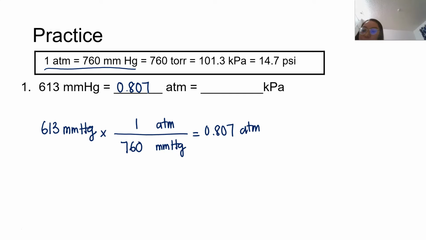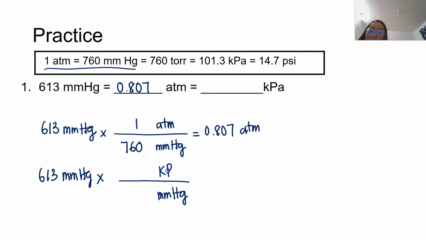Now I want to go from 613 millimeter mercury to, I'll say, kilopascal. I'm doing the same thing, where I want millimeter mercury at the bottom and kilopascal on top, because I want to keep that.